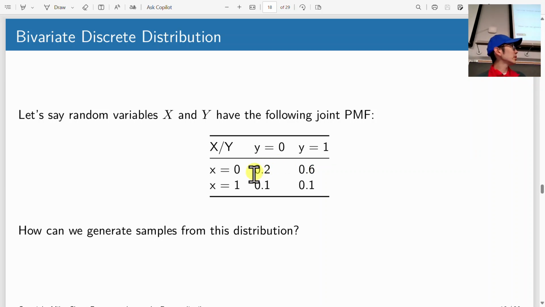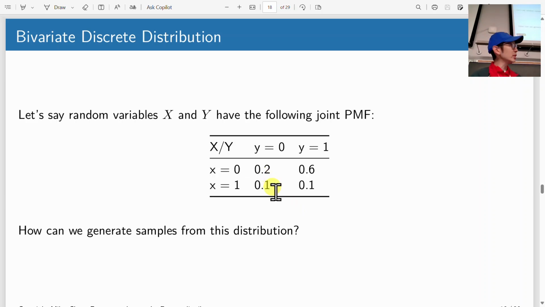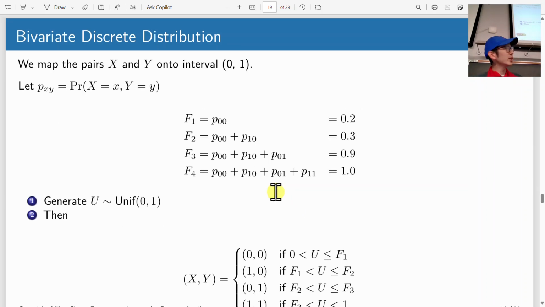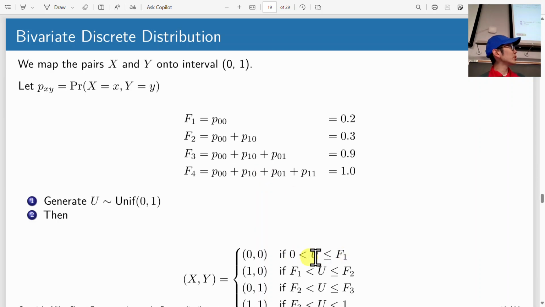Well, the trick is basically to map all of these probabilities onto the real number line from 0 to 1. Arbitrarily, we'll order them: we'll take the top left corner of 0.2 and map that to 0 to 0.2.